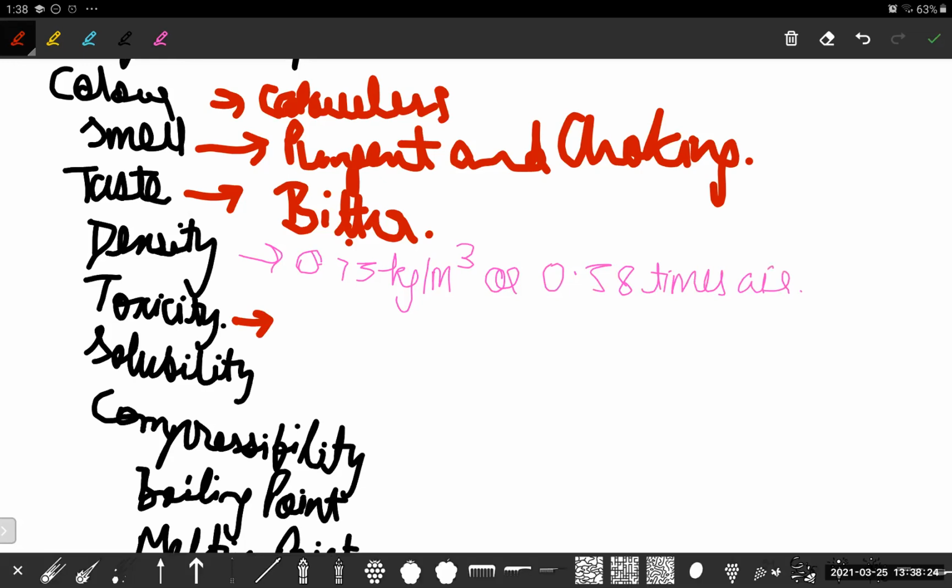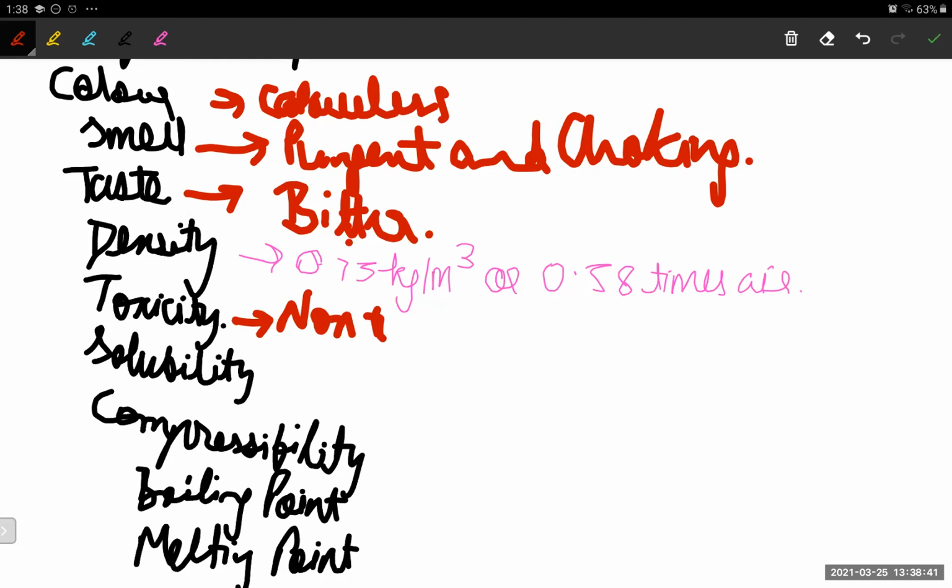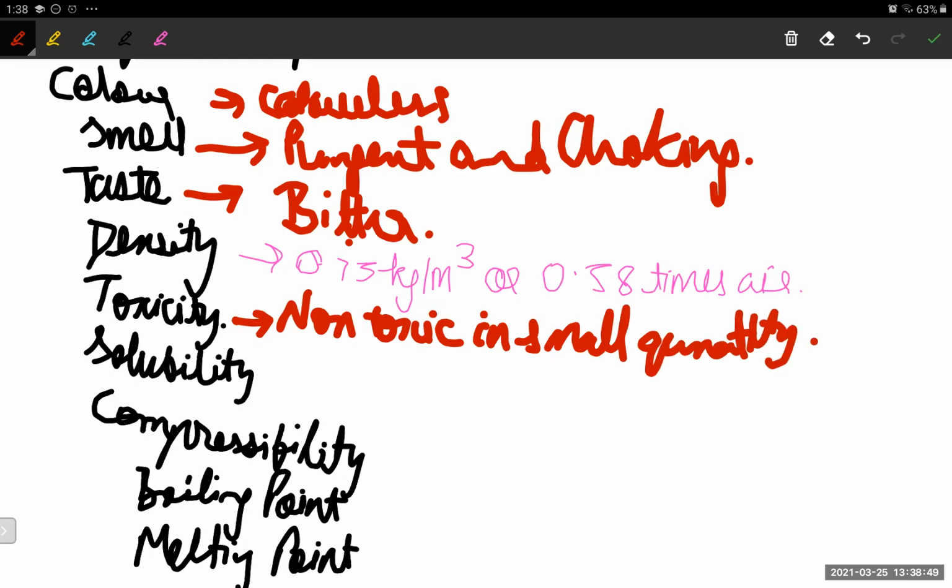Yes, it will be toxic when it is in concentrated solution. But when it is in small quantity, that is, when it is dilute, it is not at all toxic. So write non-toxic in small quantity. But very toxic in excess.